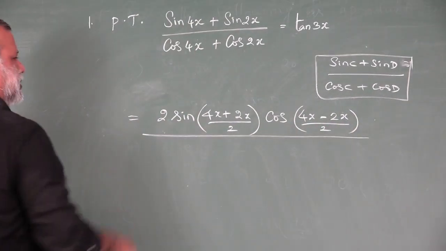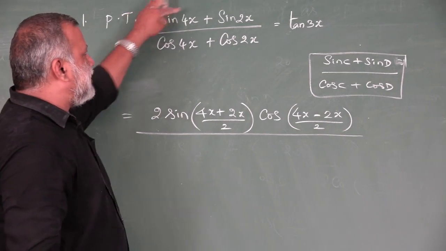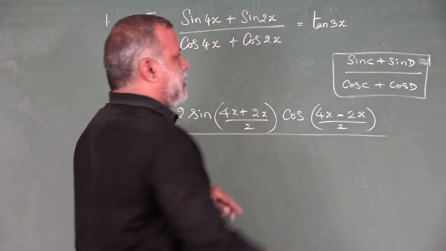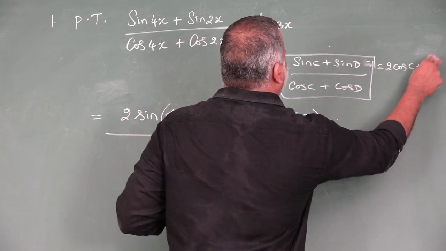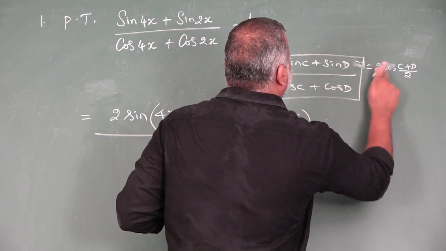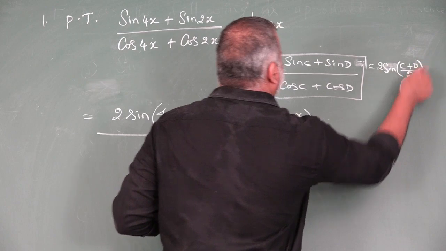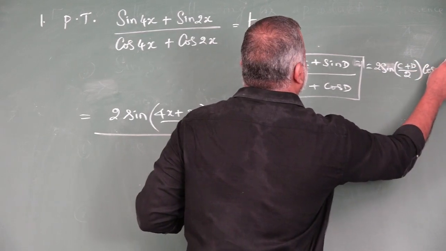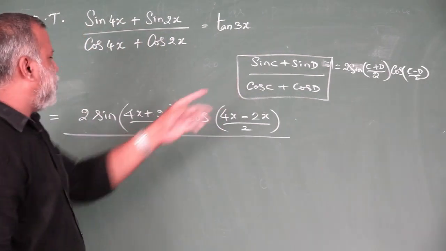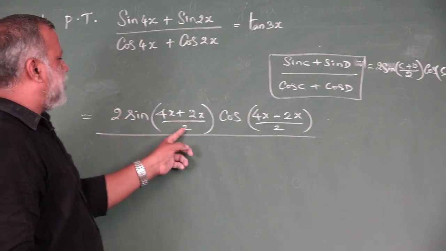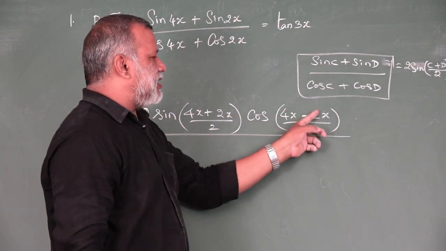Again, see the application here: sin c plus sin d is equal to 2 sin c plus d by 2 cos c minus d by 2. Already we used it.